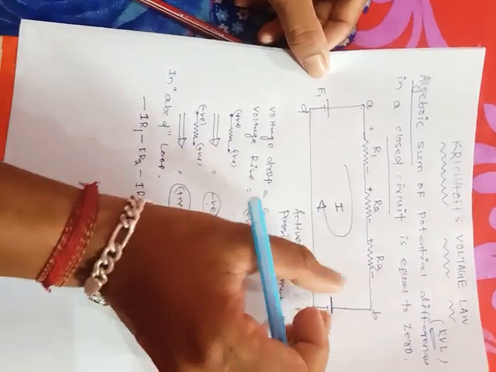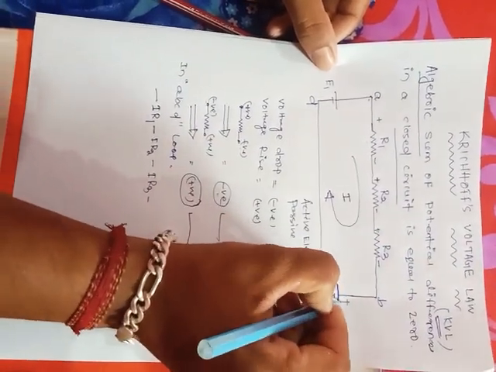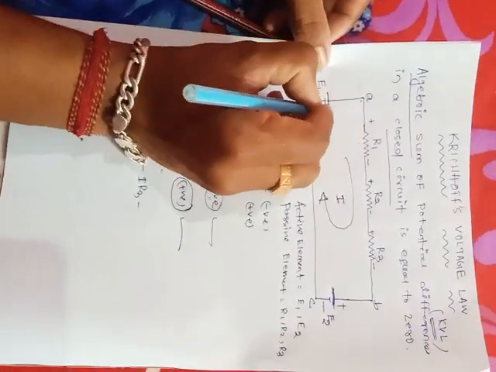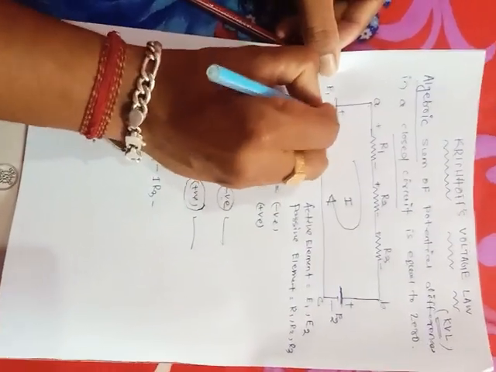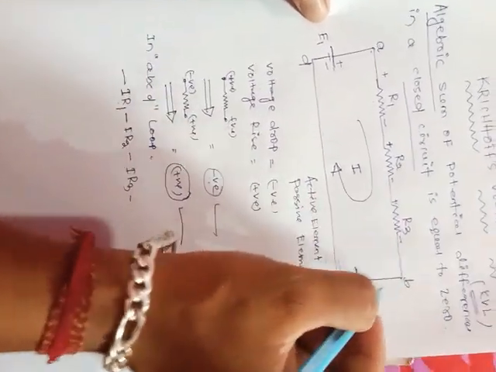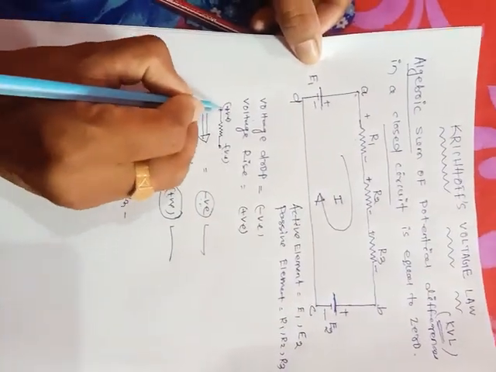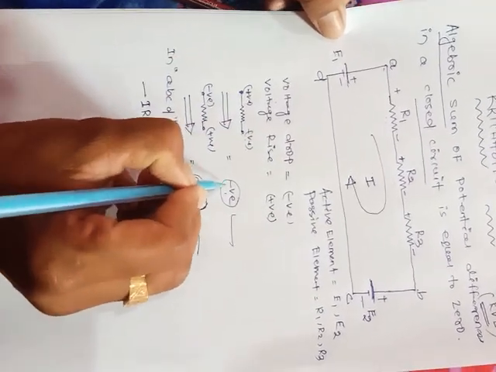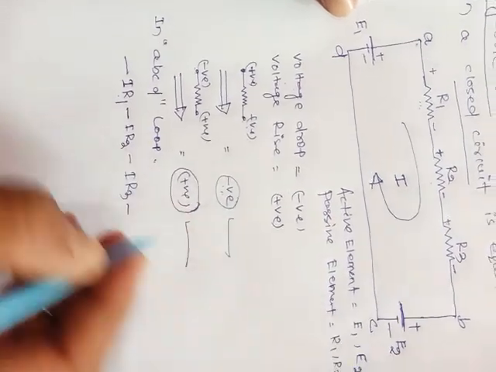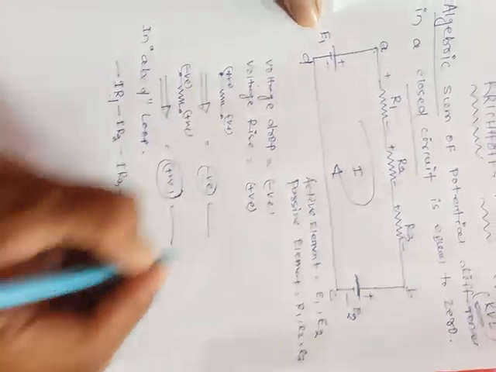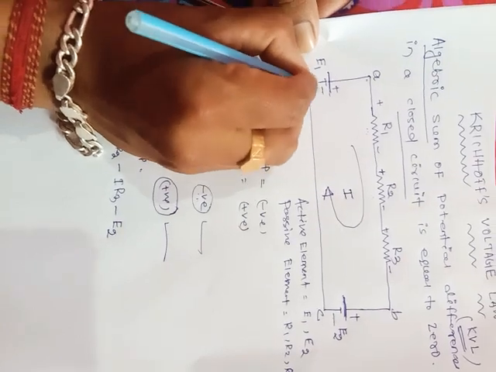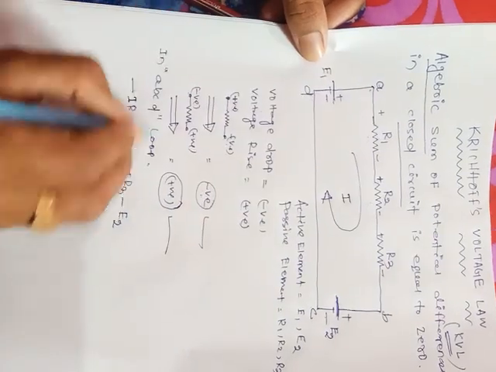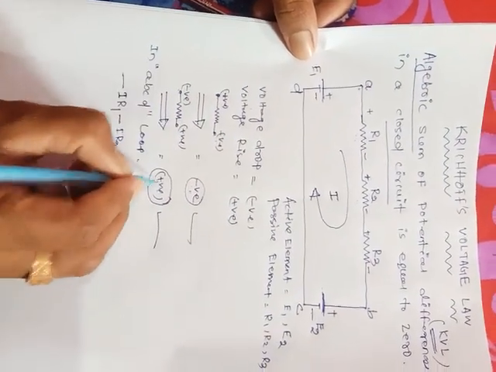The upper part is positive and the lower part is negative. The current flows from positive to negative, so the value is negative, that is minus E2. For E1, the current flows from negative to positive, so the value is positive.